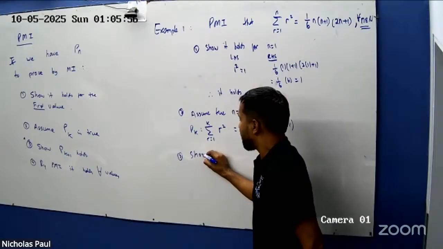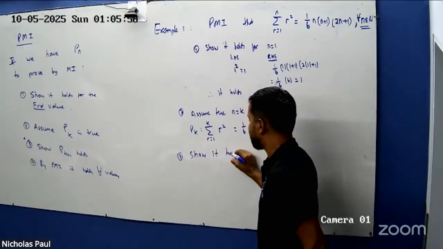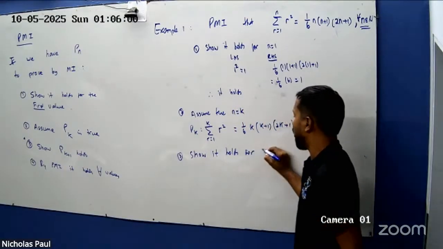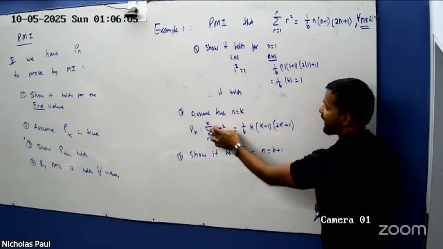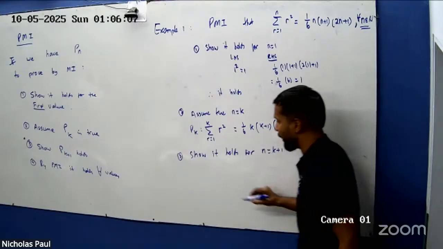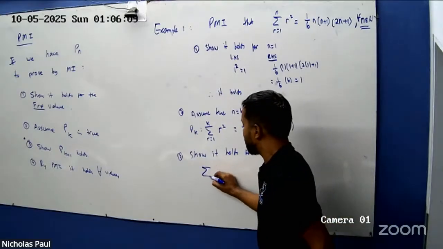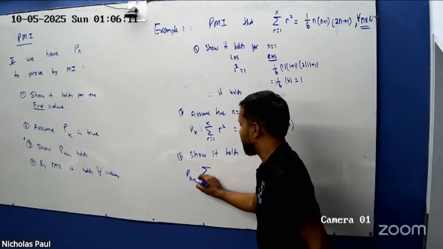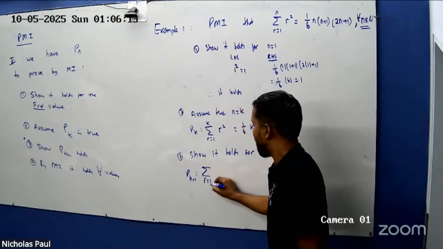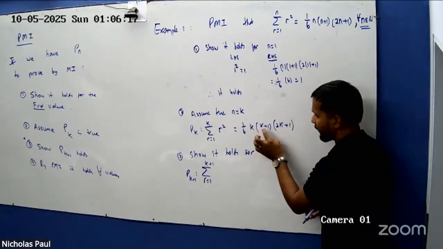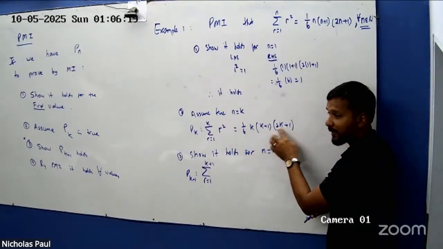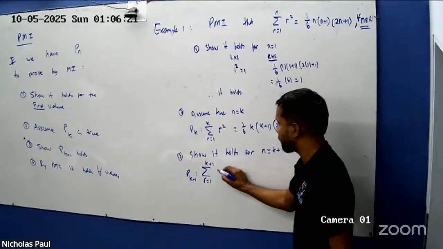Right. Now for the important step. We have to show it holds for n equal to k plus 1. So instead of writing k, I'm putting k plus 1 everywhere. So that'll be the P(k+1) statement. The summation of r going from 1 to k plus 1 of r squared. And then we have to simplify it.